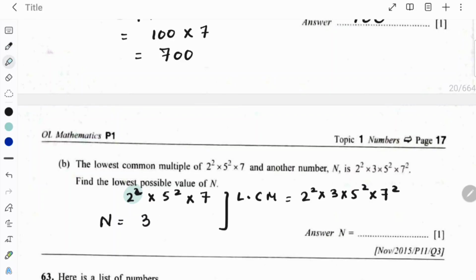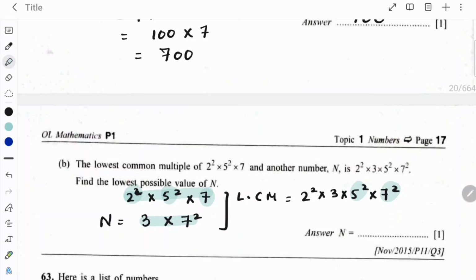We have 5 square in both. But we have just 7 in the number given, and 7 square is the LCM, so I'll write down 7 square there. Now I can check that between these two the LCM is equal to 2 square into 3 into 5 square into 7 square.